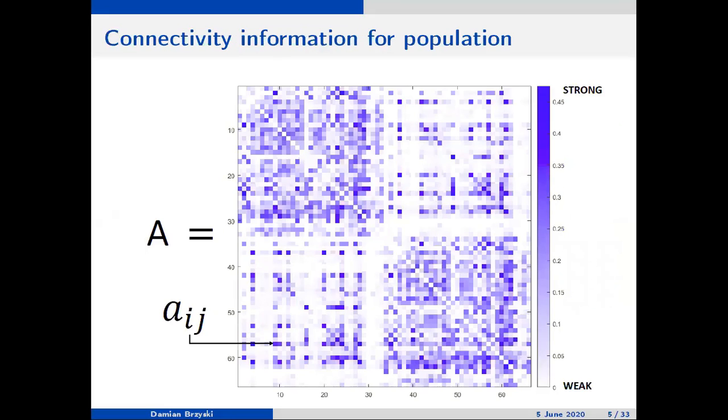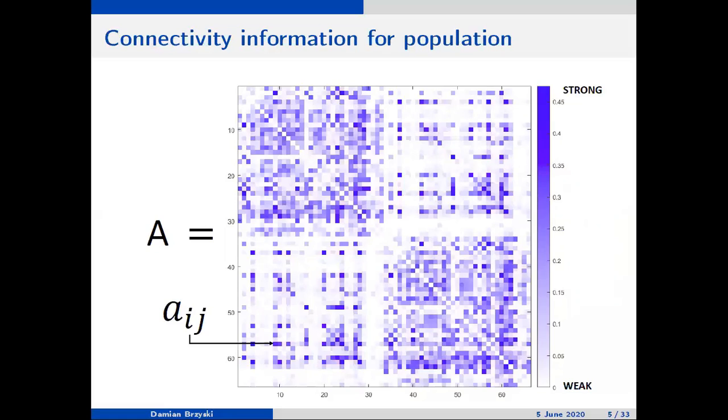And for the purpose of this project, what was important for us was just the population matrix, which stores the general information about the connectivity pattern. So what we did, we just took the entry-wise average, and we treat the resulting matrix as an adjacency matrix for the whole population.